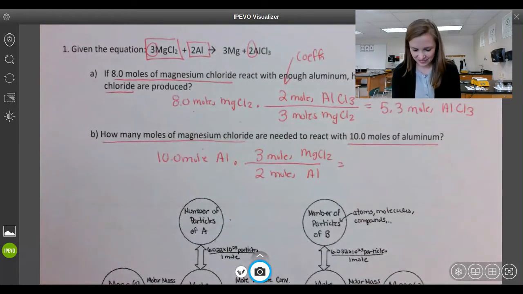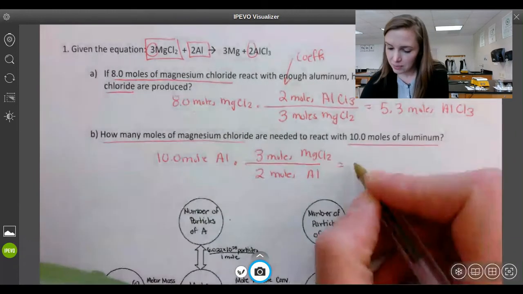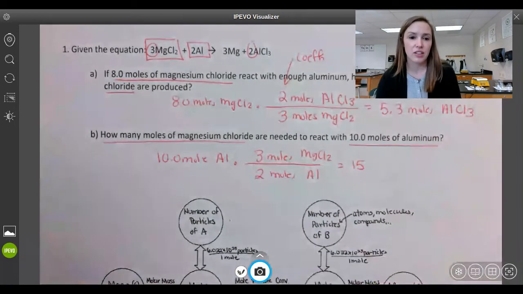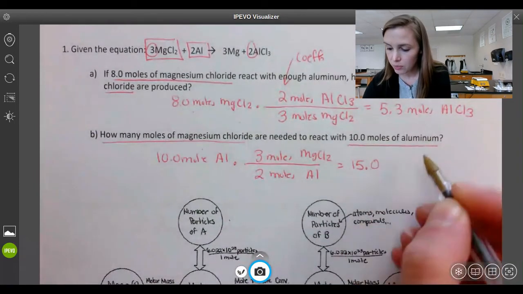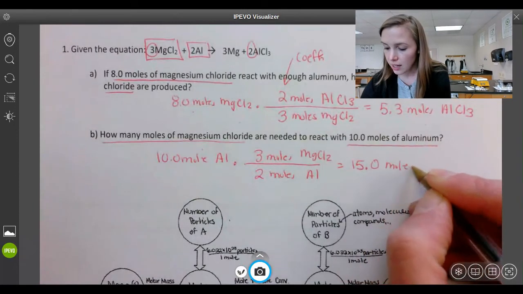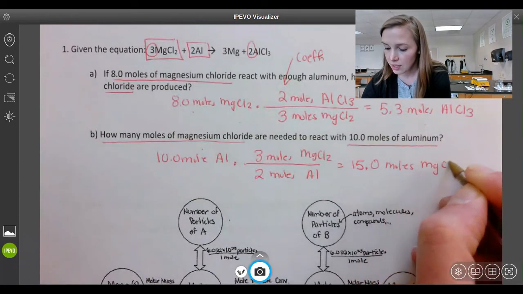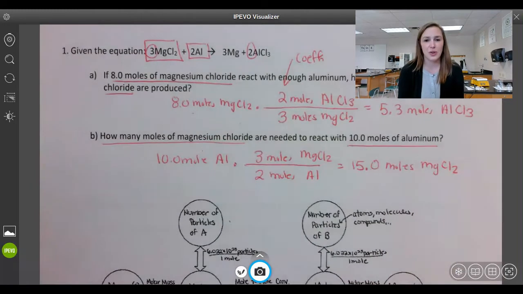All right, and then if we have 10 times 3 divided by 2, it's going to be 15. Okay, and the 3 sig figs that I start with, I have to make sure I put the 0.0 here so that I have my 15 moles of magnesium chloride.